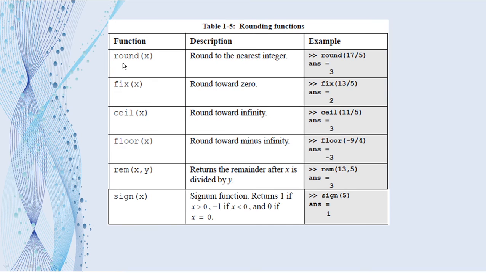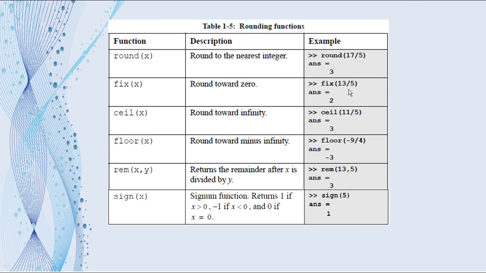The rounding functions. Round to the nearest integer: round of 17 by 5 might be 3 point something, so rounding it to the nearest integer, we don't have decimal values. That's 3. Fix of x rounds towards 0.